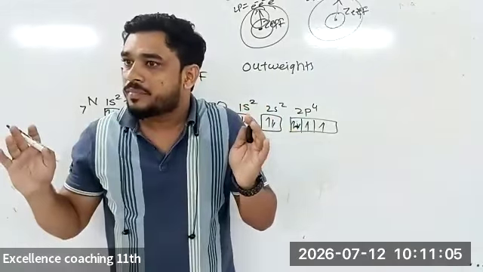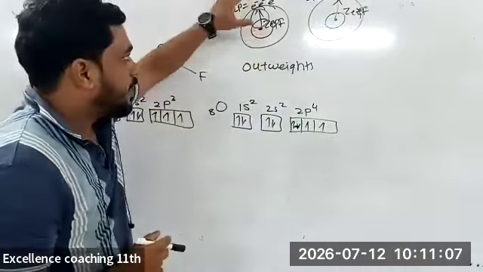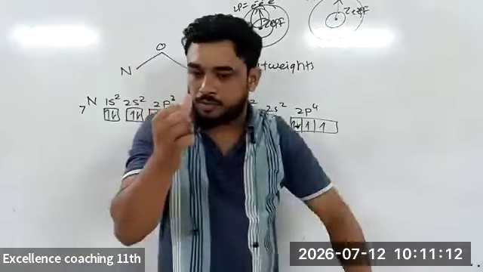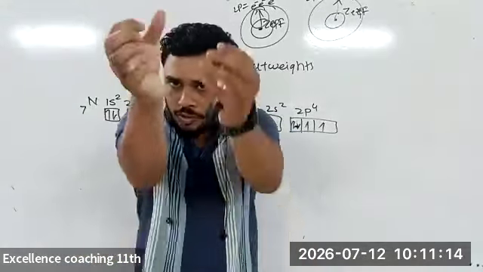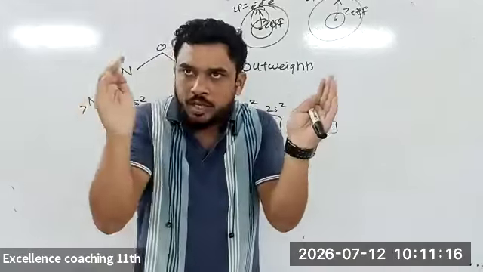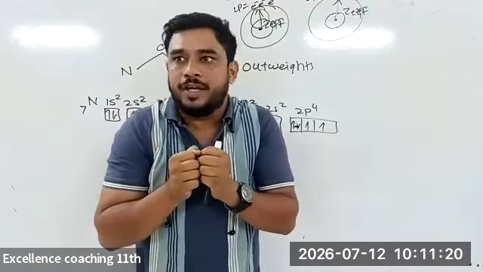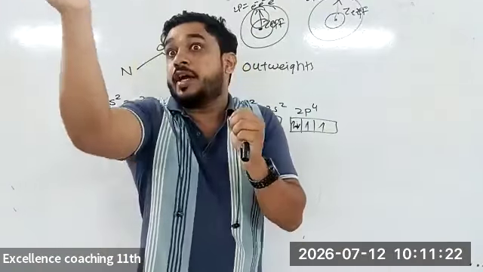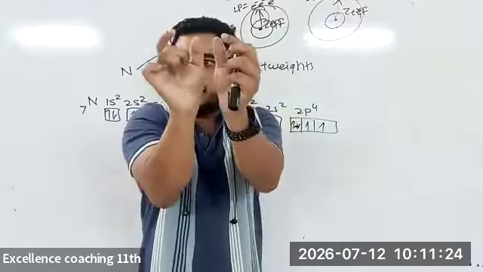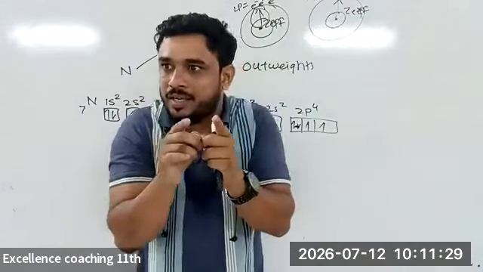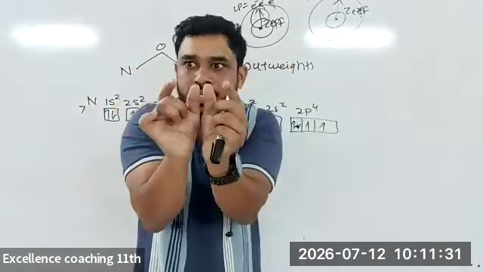See, effective nuclear charge means the force of attraction from the nucleus to the outermost electron. It holds the electron and keeps it. As electrons increase in the outermost shell, effective nuclear charge increases. But just as the electrons are increasing, there will be inter-electronic repulsion. Because of this, electrons repel, since each electron has a negative charge.